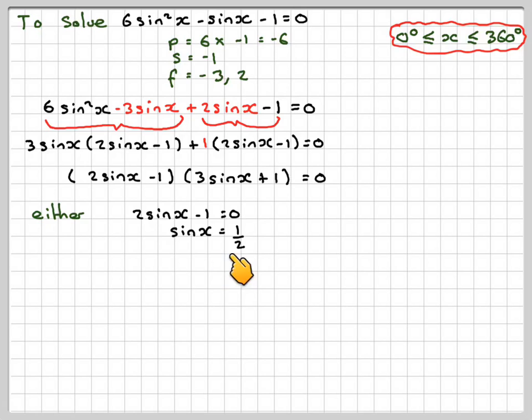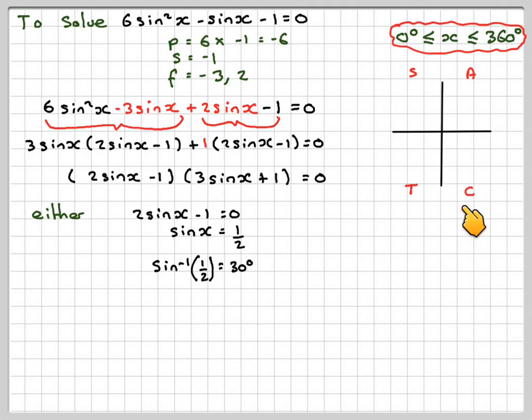So sine x will be equal to a half, and then sine to the minus 1 of a half is 30 degrees. Now I like to use the South Asian Tennis Club. Some people know this as CAST. And now we want to know where the angle is positive, because we've got plus a half here. So that's going to be in the first and the second quadrant.